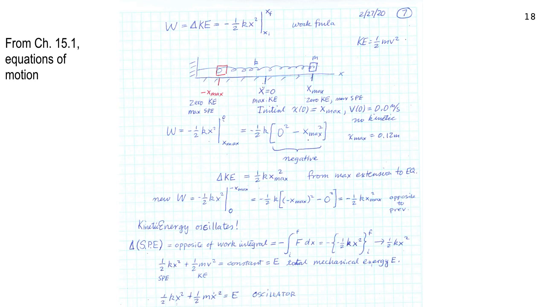All right, now let's say that my initial conditions are x of 0, or xi, equal to x max. Okay, so we're pulling it out that far. And v of 0 is equal to 0.0 meters per second. Okay, so there's no kinetic energy.